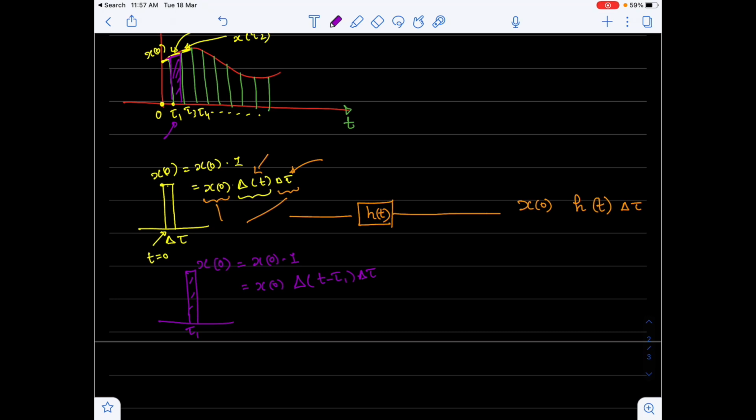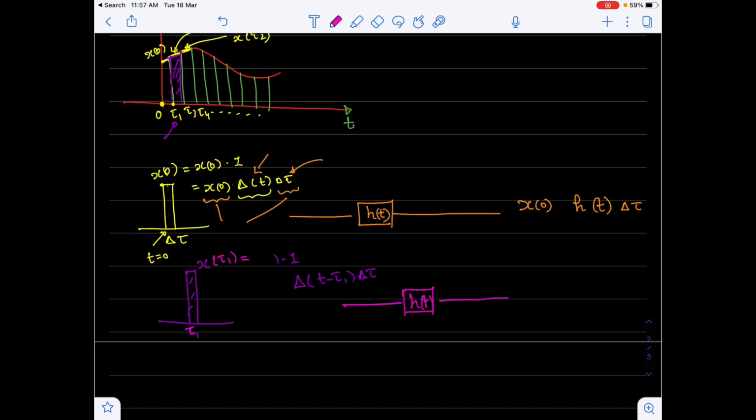Now if I give this input to my system, what will be my output? I will apply this input to my system in the same way as before. Sorry, it is not x(0); it is actually x(tau 1), because the point is tau 1.